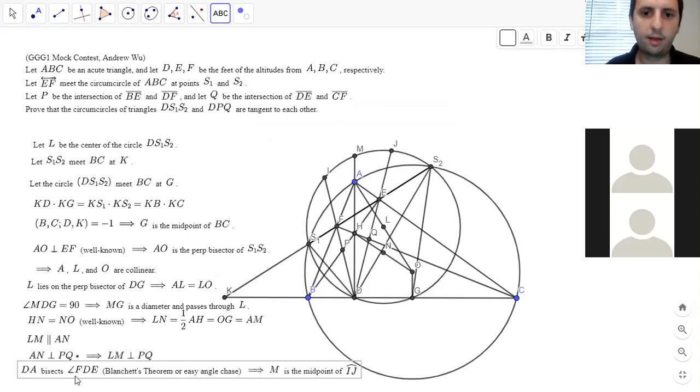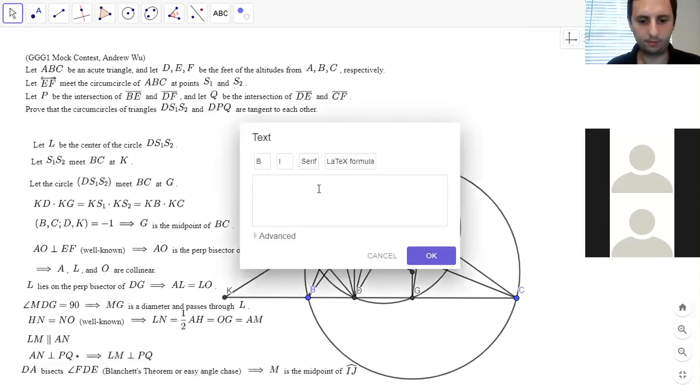So that means LM is perpendicular to IJ, implies IJ is parallel to PQ. And that implies by a homothety at D, the circles are tangent. D, S1, S2, and DPQ are tangent.